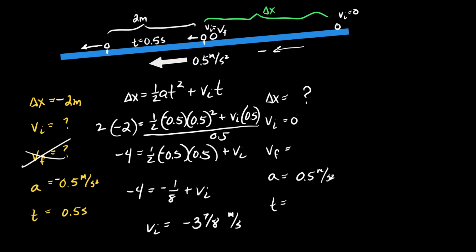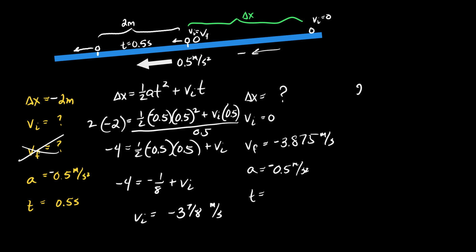Any questions? Well, that is this velocity, negative 3.875 meters per second, and my acceleration is also negative. So now I want to find the displacement. I'm going to use everything except for time, so that'll be 2a delta x equals v final squared minus v initial squared.